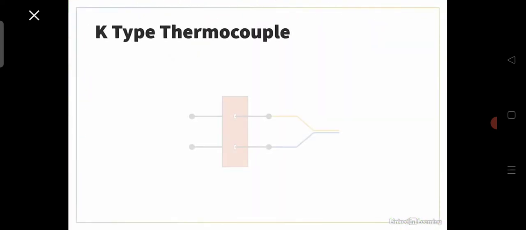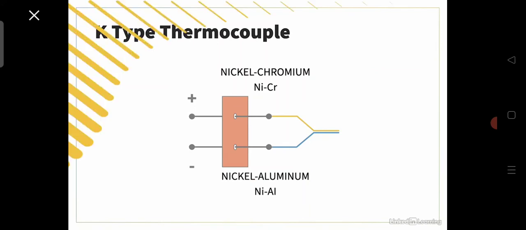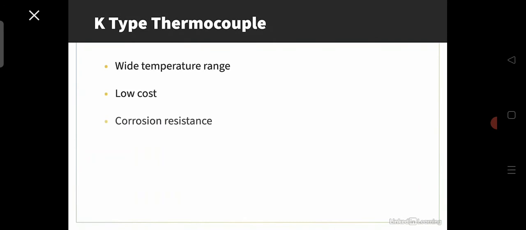For example, for the K-type, the positive side is nickel chromium and the negative side is nickel aluminum. K-type is one of the common thermocouples used in industry because of its wide temperature range, low cost, and it's nickel-based, so it has a good corrosion resistance, making it a very good choice in most industrial applications.